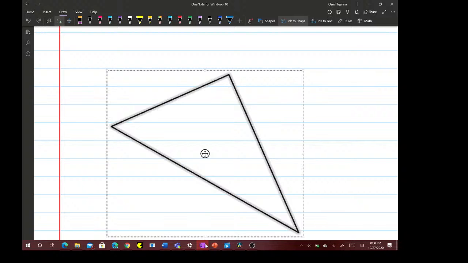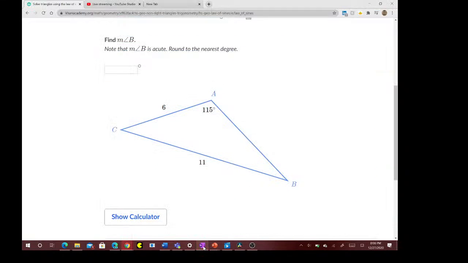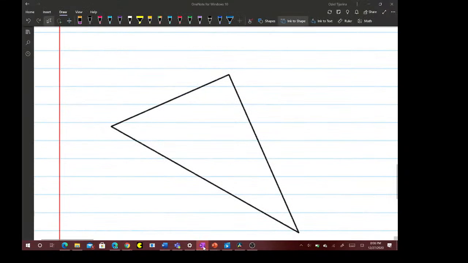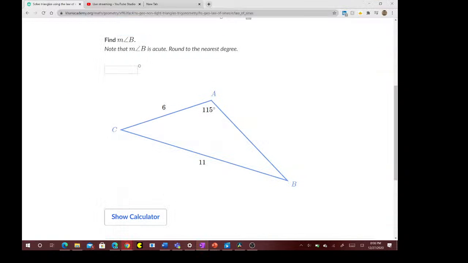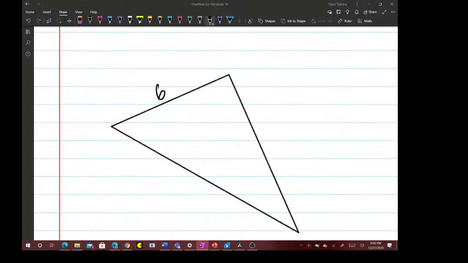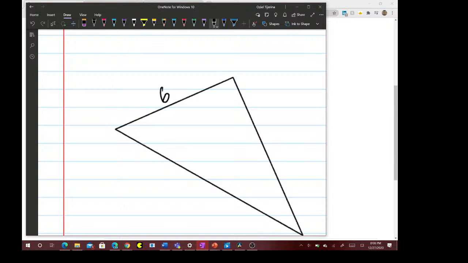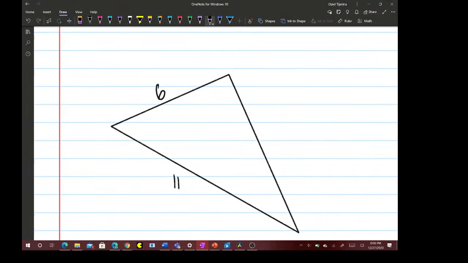Basically it's saying that we have a side length of 6, and then we have another side length of 11, and we also have an angle of 115 degrees.